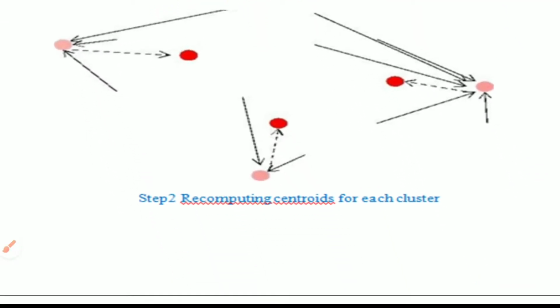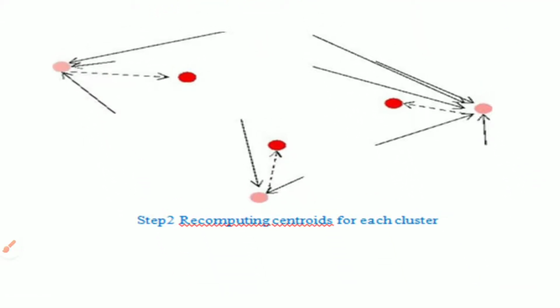The next one is the second step: recomputing the centroid for each cluster. The centroid of each cluster will now be recalculated, and after recalculating, the closest data points will be allocated. With the help of the dashed arrow marks, the centroids are shown.